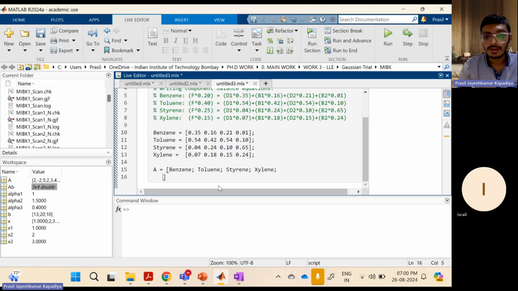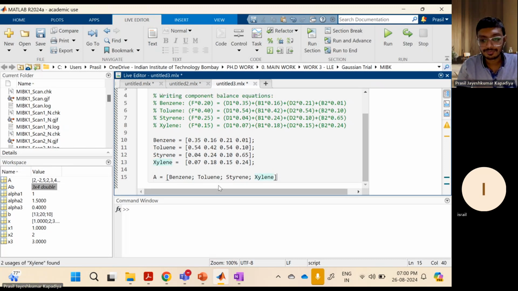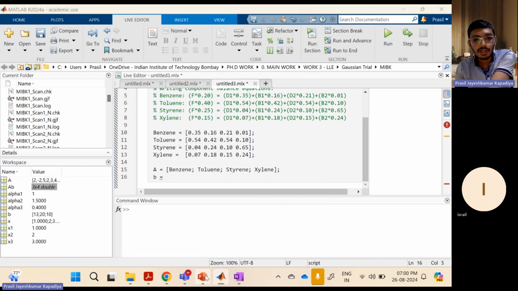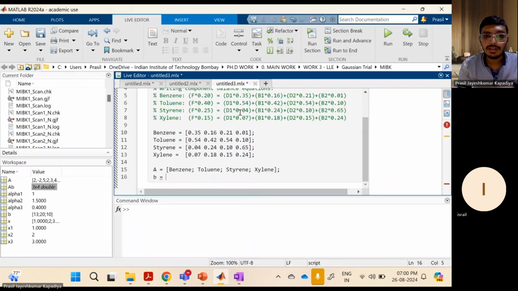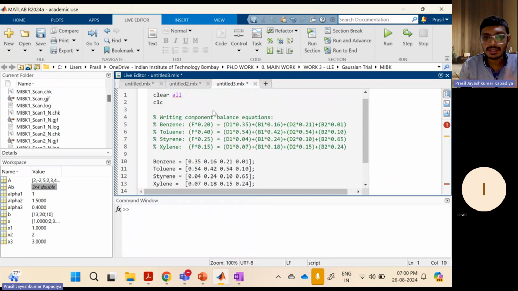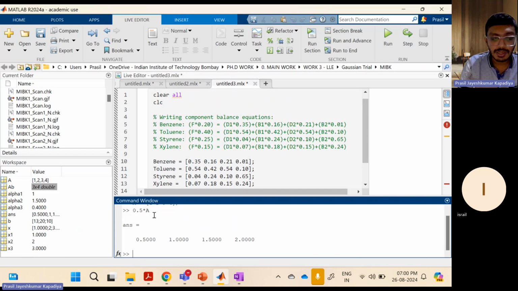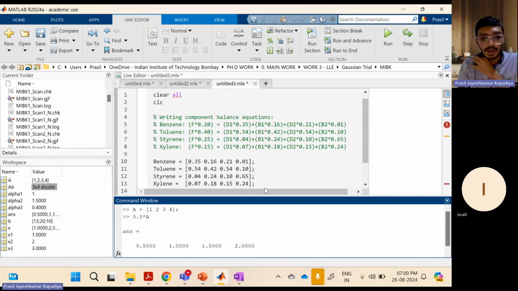Now I need to prepare my B matrix. Here also we are given compositions, 0.20 and so on, so that equation is F into this whole term. Let's say my matrix A is 1, 2, 3, 4 and I want to multiply all elements with 0.5, so I write 0.5 into A, which gives me the whole matrix with all elements scaled.